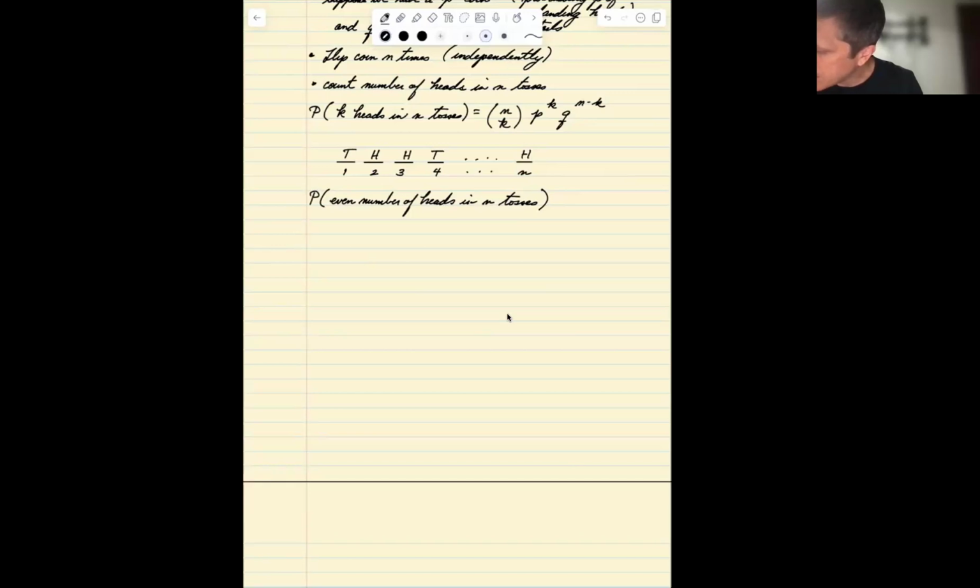Well, we know that an even number of heads means you have 0, 2, 4, 6, etc., up to the largest even integer not exceeding n.